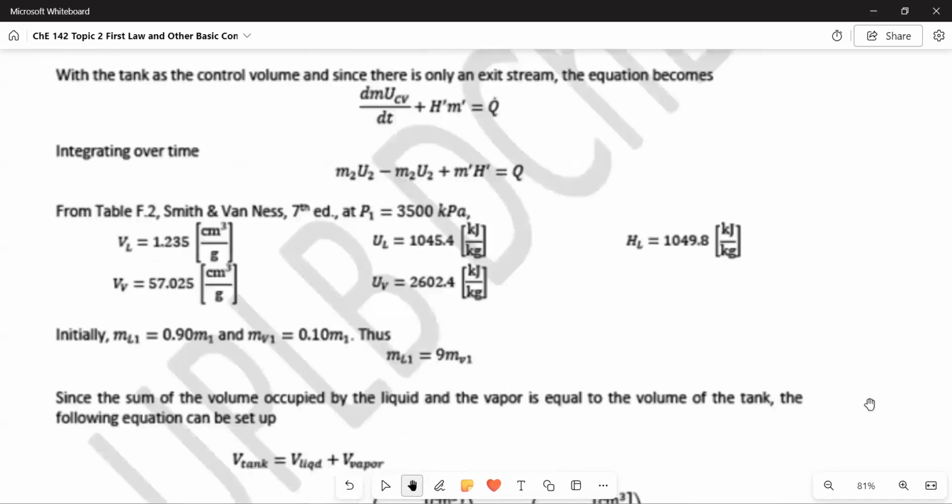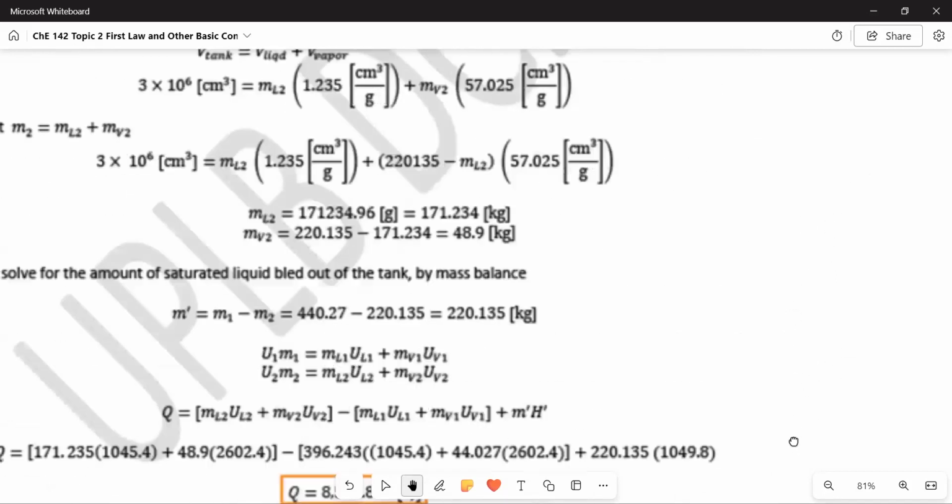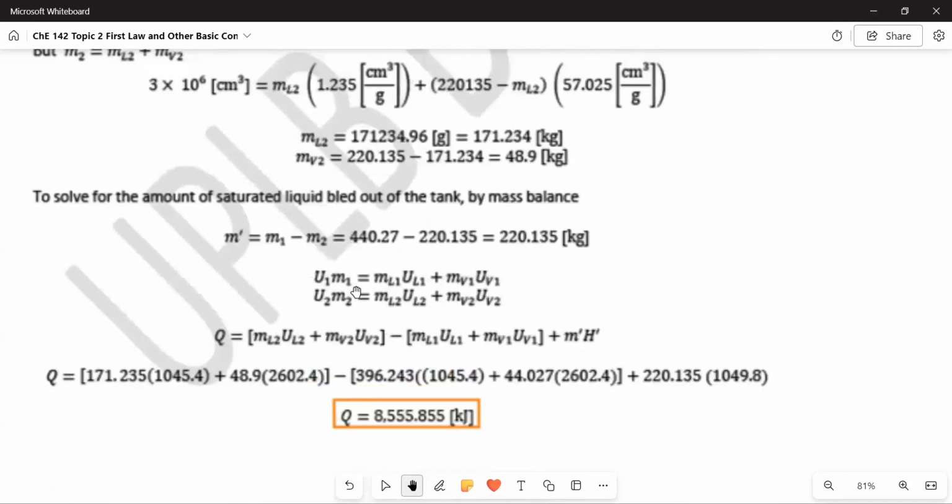But before going to the energy balance, we have to know the total values at state 1 and state 2, because they would be determined by the mixture of liquid and vapor.